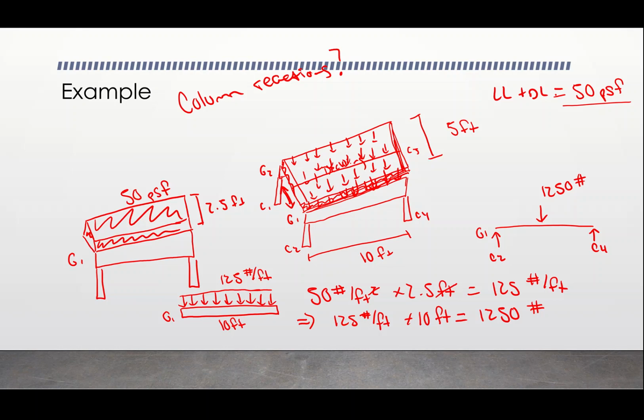Everything is vertical already, so we just need the Y direction for column 2 and column 4, or C2Y and C4Y. Because the load is directly in the middle, since it was a uniform distributed load, I can do 1,250 divided by 2, so each of my columns gets 625 pounds.